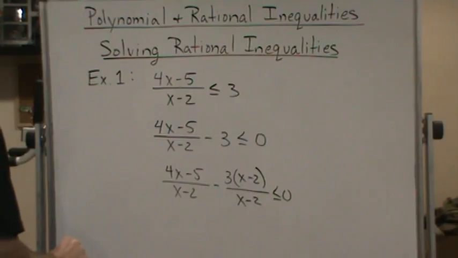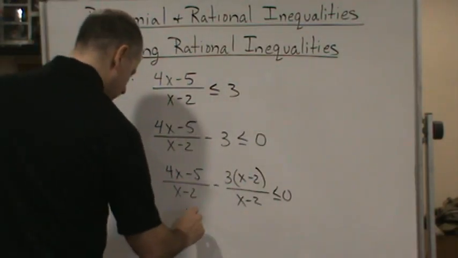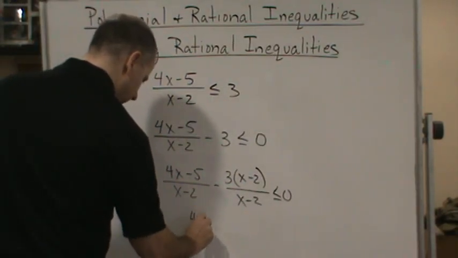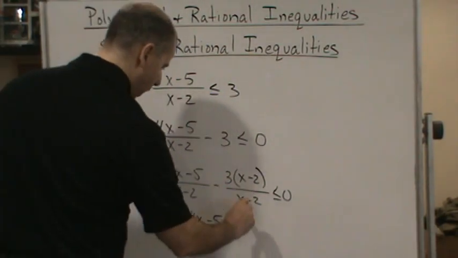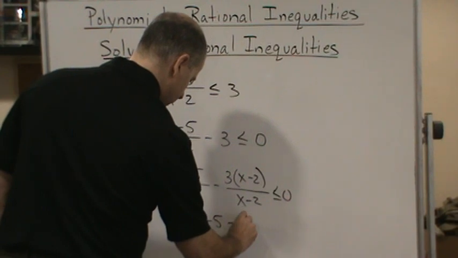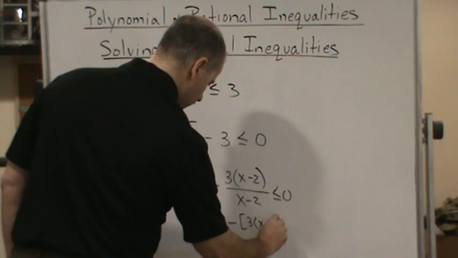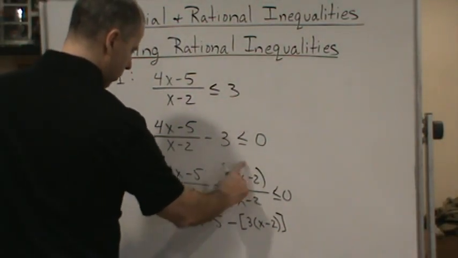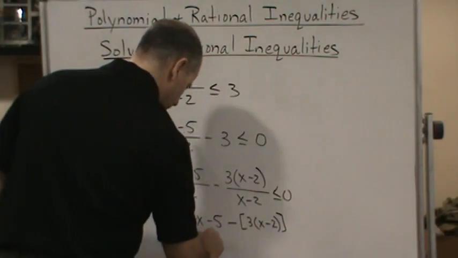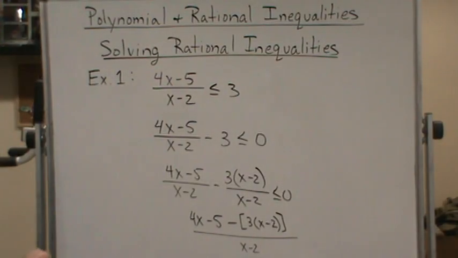Okay? And so now I'm going to combine the terms. This gives me 4x minus 5 minus the whole quantity, so it's going to be minus 3 times the quantity x minus 2, because remember I'm subtracting this whole thing. And I'm going to write it all over x minus 2.